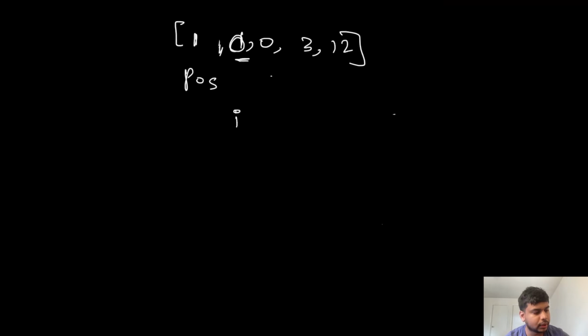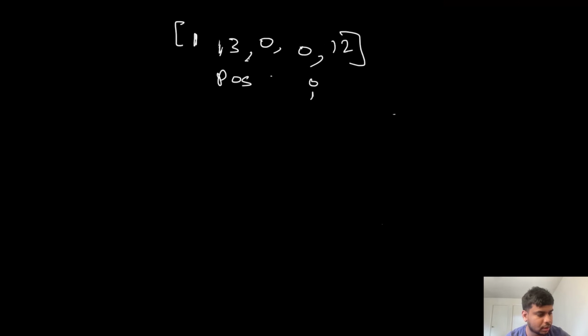So 1 came to pos and i you made it 0, and then pos you increment, and i will be taken to the next non-zero element, which is 3. Now again copy 3 to pos. So 3 will be here, and then make nums of i 0.